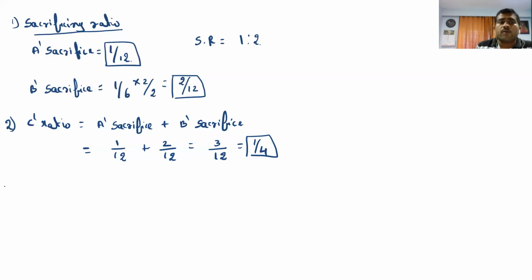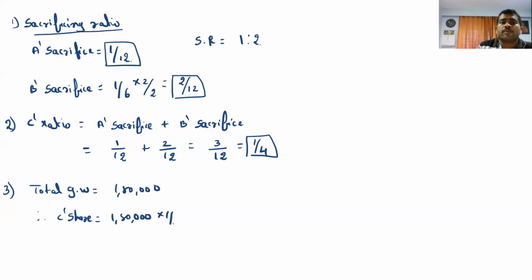Now we are going to do the topic of goodwill. So we know that total goodwill is 1,80,000. Total goodwill is how much? 1,80,000. And in that we are going to calculate C's share. That is 1,80,000 into 1 by 4.